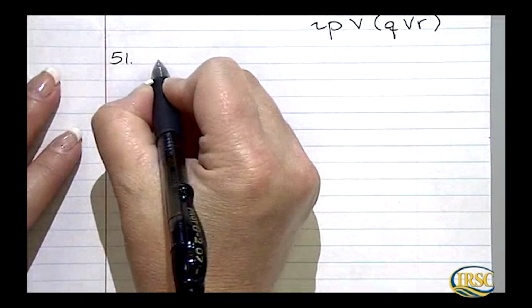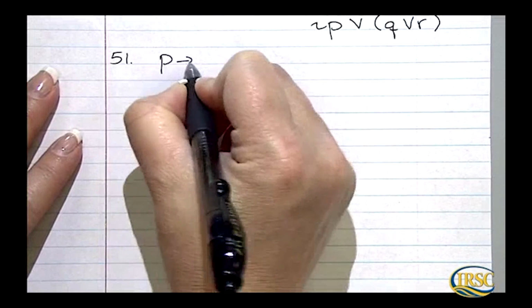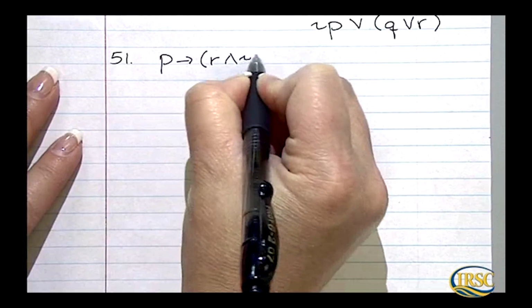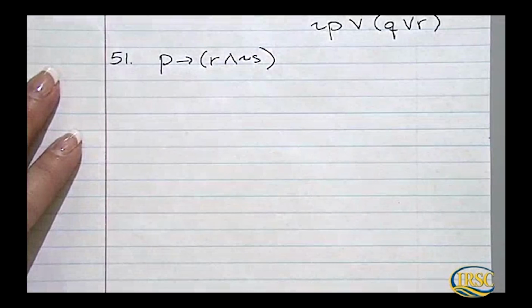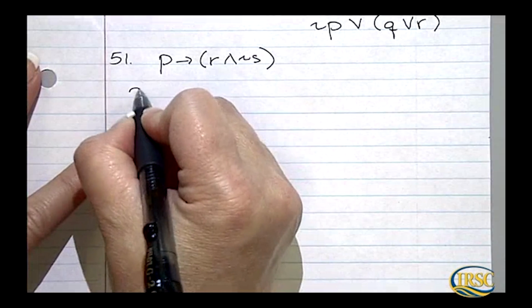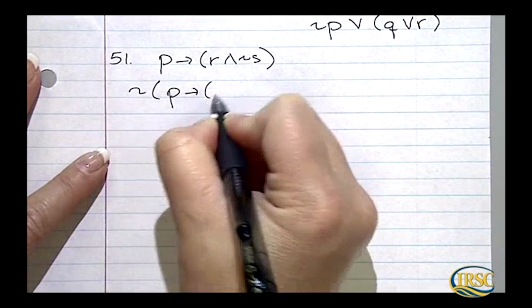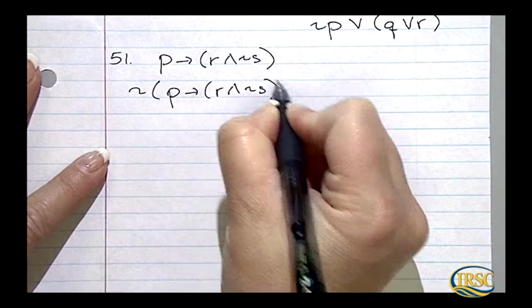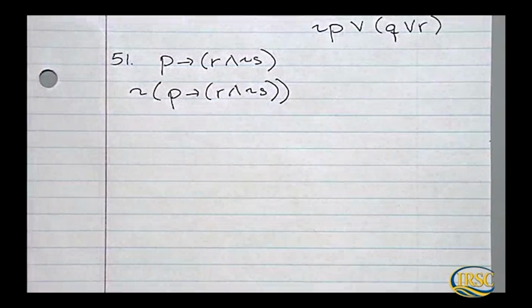It's write the negation of this statement. Okay, so the negation of this statement means I'm putting the whole thing in parentheses and putting a negation outside of it. But now you need to simplify it.